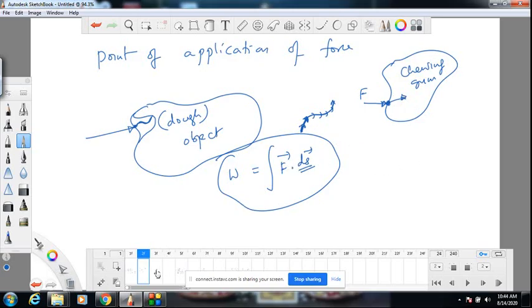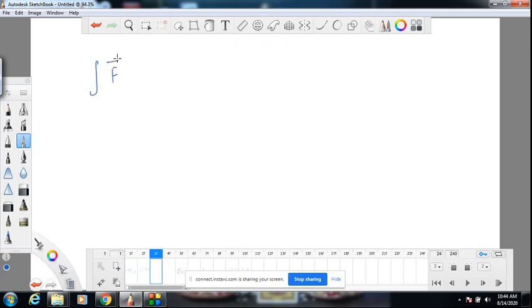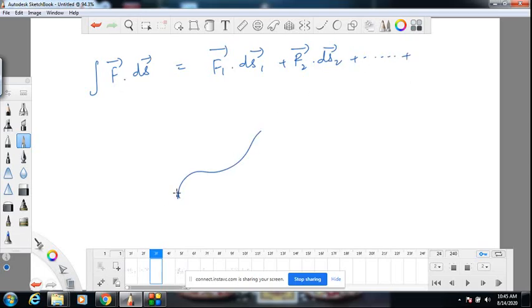So actually this integral F dot ds is nothing but F1 dot ds1 plus F2 dot ds2 plus so on. That means the total path you are dividing into infinitely small displacements, and for every small displacement you find the force value and take the dot product, because force could be changing from time to time.